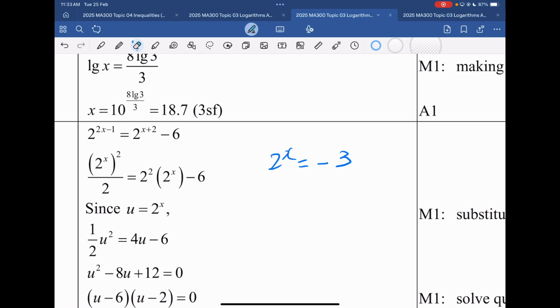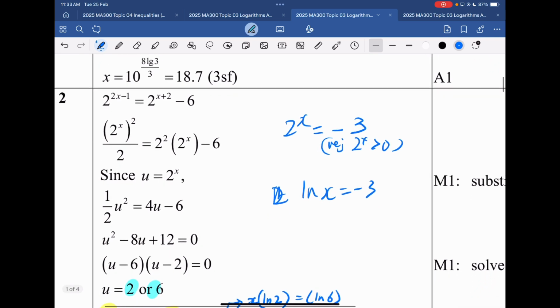Okay, good. You reject and you write down the reason: because 2 power x is more than 0. Now 2 ln x equals to -3. Do I reject or accept? Jukai, who says reject? Do I reject? Why don't reject? Why?